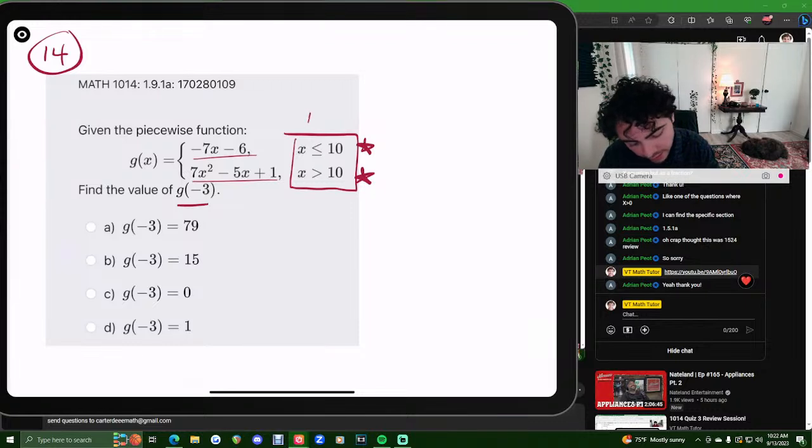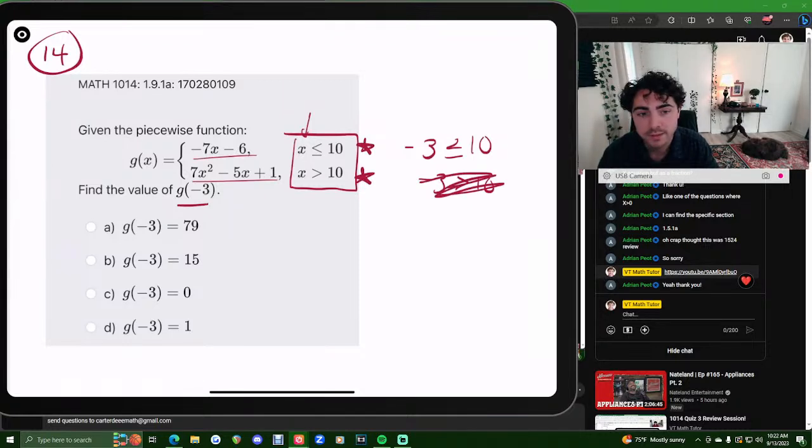In other words, if -3 took the place of x here, we ask ourselves, is -3 less than or equal to 10, or is -3 greater than 10? -3 is definitely less than or equal to 10. So because it fit into this interval, this domain, we need to plug it into this piece of the function.